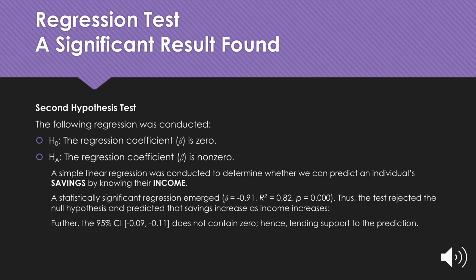A statistically significant regression emerged, and thus the test rejected the null hypothesis and predicted that savings increases as income increases. Furthermore, the 95% CI does not contain 0 and hence lends support to the prediction.